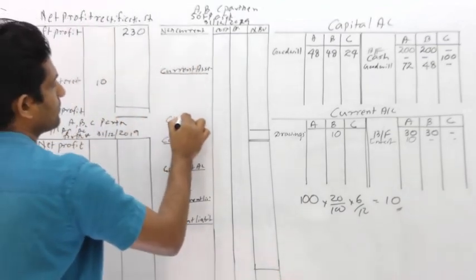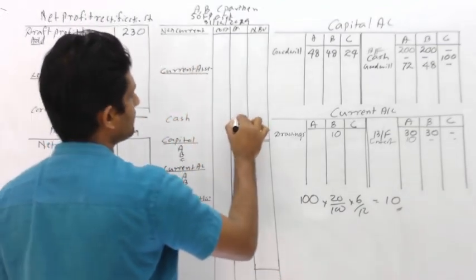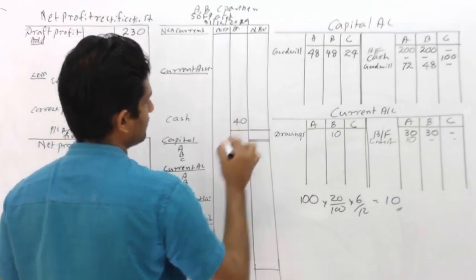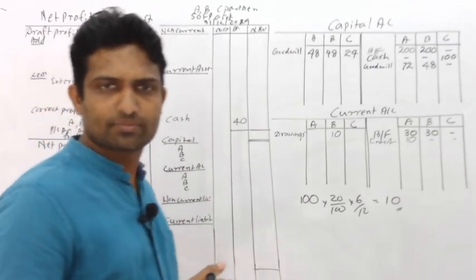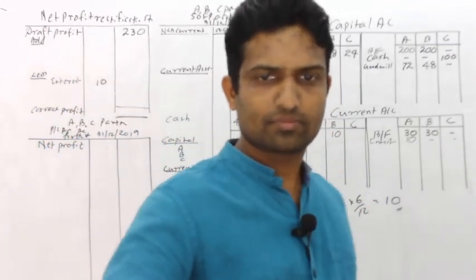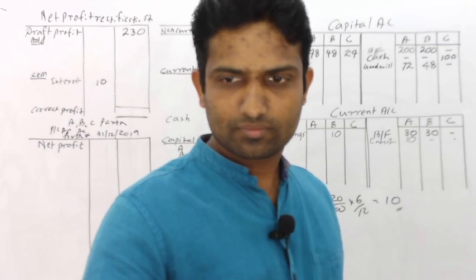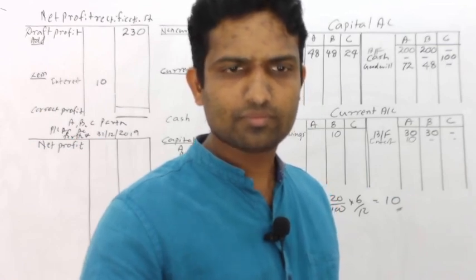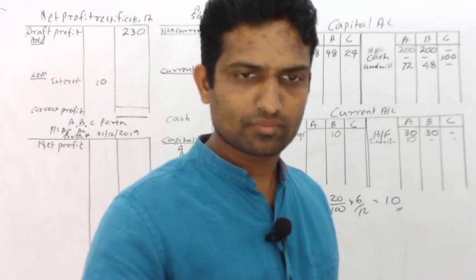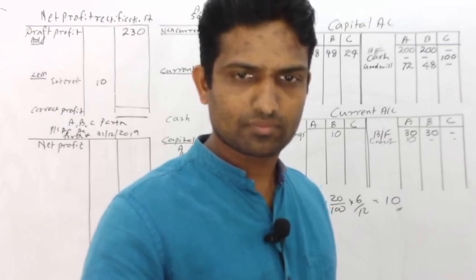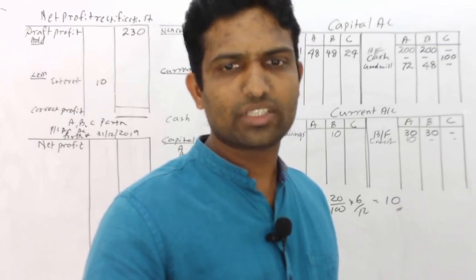Cash 40. Next. Cash drawings of B had not been accounted, right?